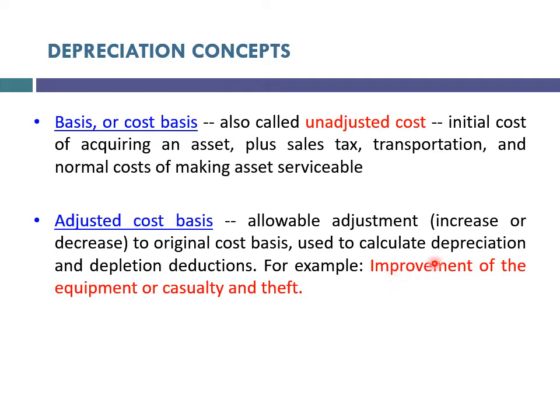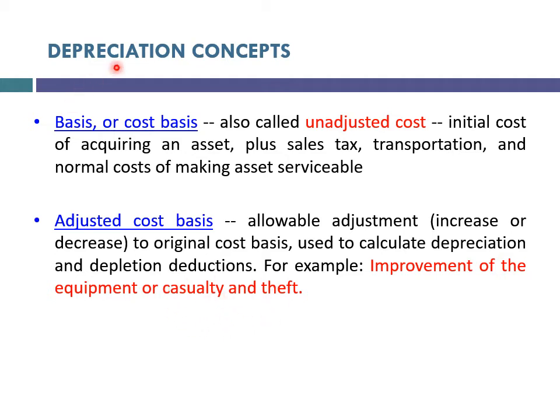This improvement is a depreciable improvement if its useful life is greater than 1 year, or if there is a casualty or theft of the asset or equipment, then this is a reduction in the original cost basis, and we need to adjust our depreciation according to this.